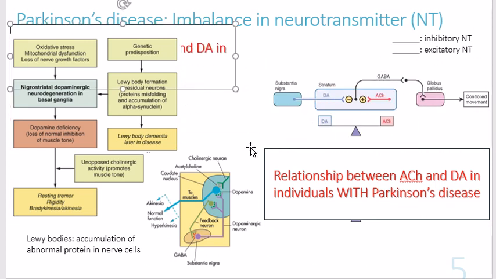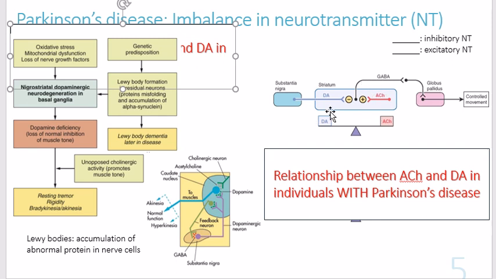So dopamine is produced in cell bodies within the substantia nigra, as I already spoke to you about. And these are dopaminergic neurons, as I already told you. And they release dopamine within the striatum. Acetylcholine at this point is then produced by nerves within the striatum.